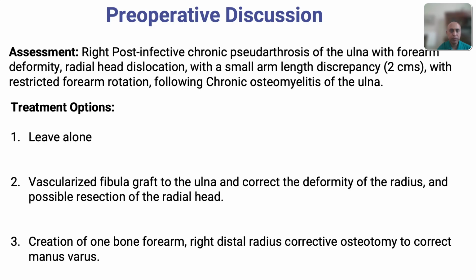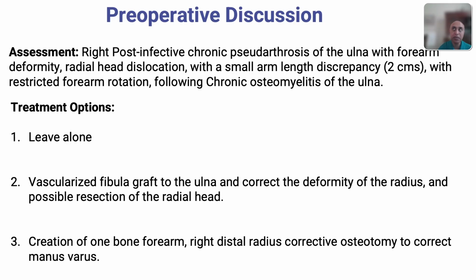Next slide, please. So at this time, the problem list was post-infective chronic pseudarthrosis of the ulna with forearm deformity, radial head dislocation, an arm length discrepancy, and restricted forearm rotation. So the treatment options were either leave her alone, but the deformity would continue to progress as she continued to grow, or do a reconstruction.